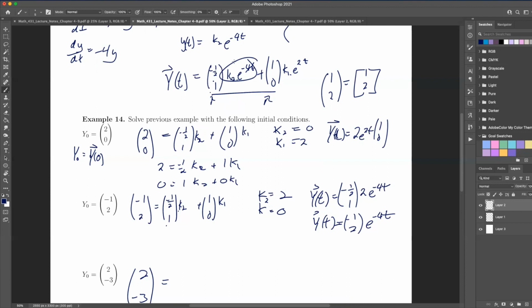So a scalar you can write on either side of the matrix. For whatever reason, I don't know, I just started doing it. It doesn't matter. When we start solving these by hand, I probably will have it the other way.